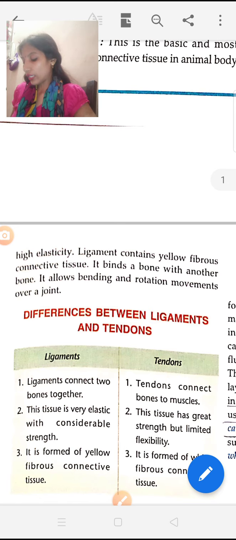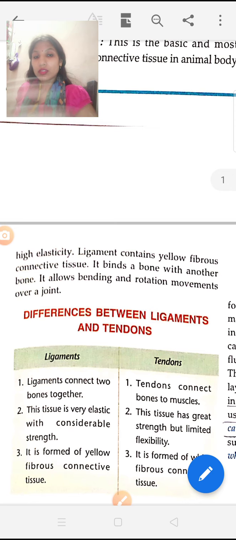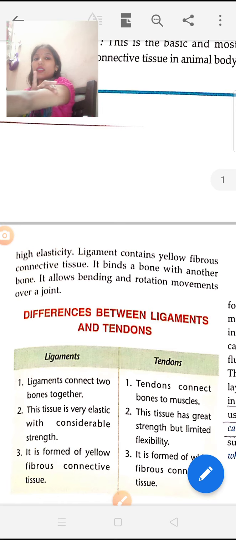So like this is the bone you can see, and these both bones are joining together, they are connecting over a joint. So how is it formed? It is formed by the ligament. The ligament is the substance which is connecting this bone to that bone, right? And it also allows the bending as well, the rotation as well, right?